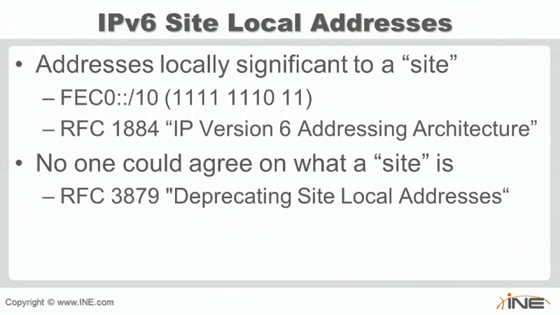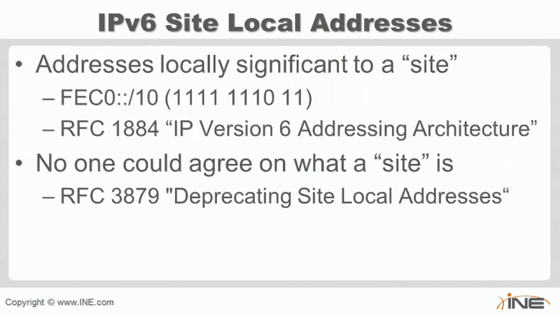Previously, there was also another space that was called the site local addresses, which originally were designed to be locally significant within an internal network that were not going to be publicly routable. These are the ones that start with the FEC0 range. So specifically, it's FEC0::/10. This was originally defined in RFC 1884, but now it's been removed.